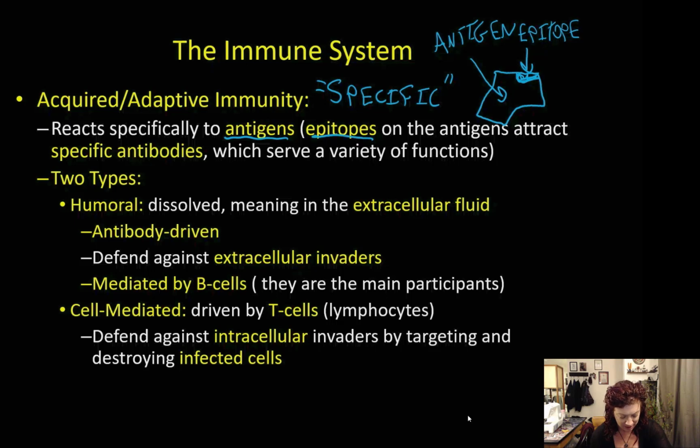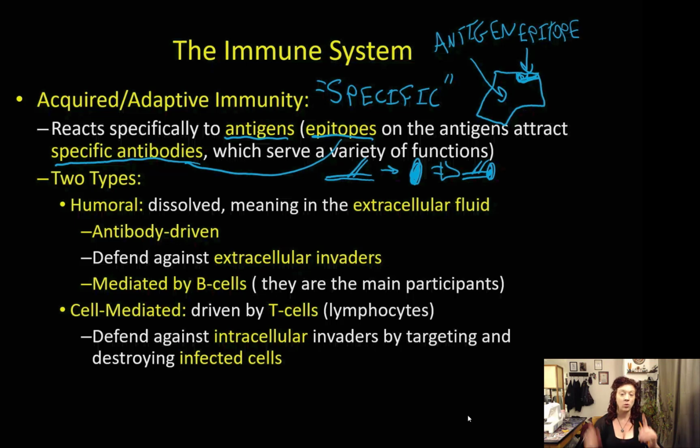Epitopes and antibodies tend to have very, very tight relationships. So a single antibody will tend to only bind to a very specific epitope. They're not necessarily one-to-one relationships, but they can be. These epitopes actually attract their specific antibodies if an antigen with that epitope enters into the body.